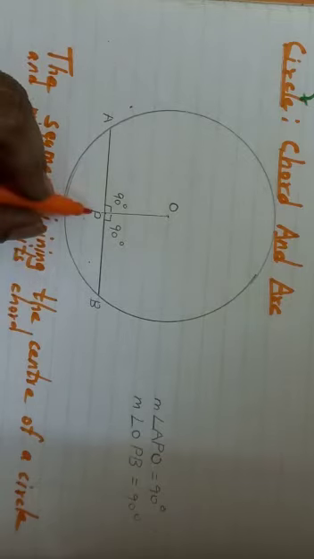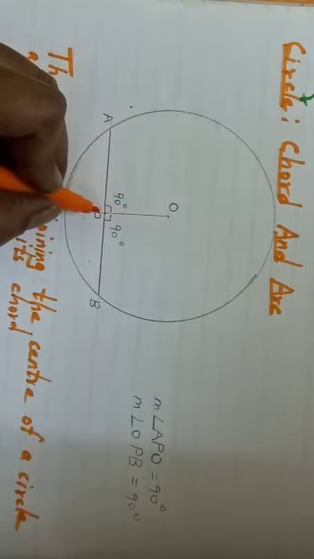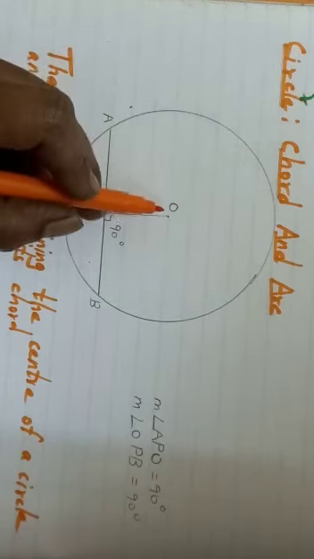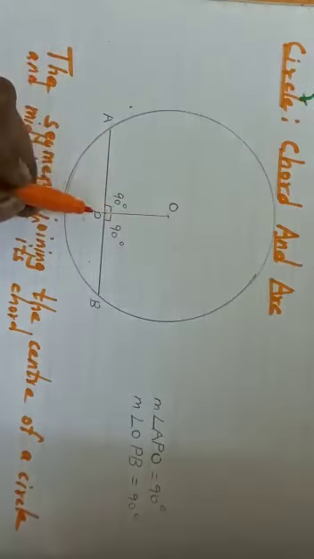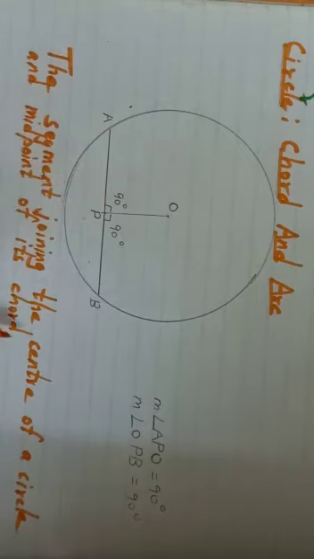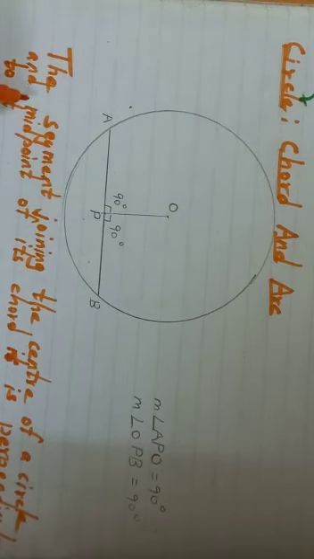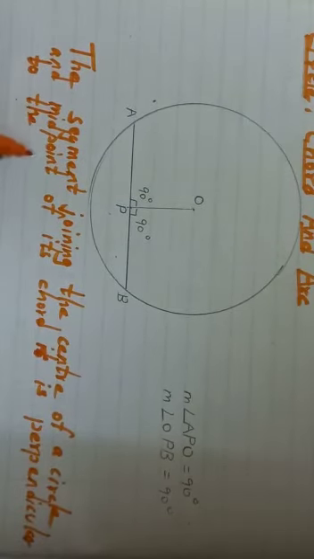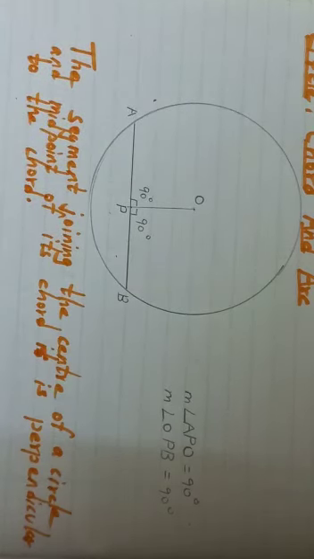Who is the midpoint here? P. This is the segment OP. How is the segment OP formed? By joining the center of the circle and midpoint of the chord. What happens? Then this chord, midpoint of its chord is perpendicular to the chord. So like this 5 times you have to do. You have to keep on practicing that so that you remember.